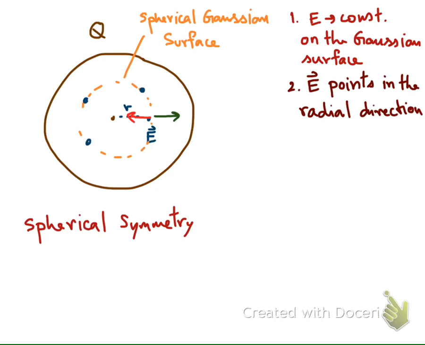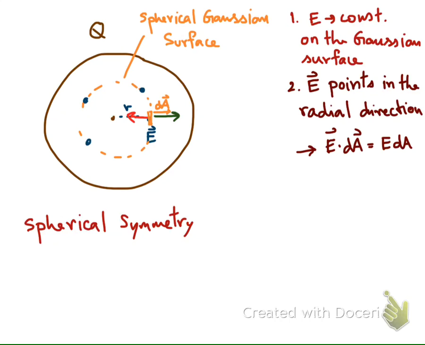This is because of the symmetry. So if we draw the vector dA, it is also in the radial direction, parallel to E.